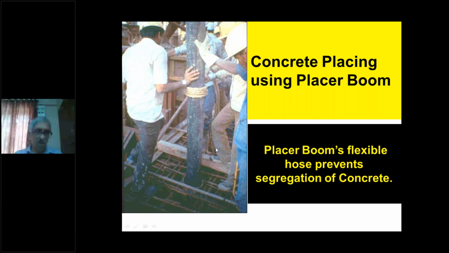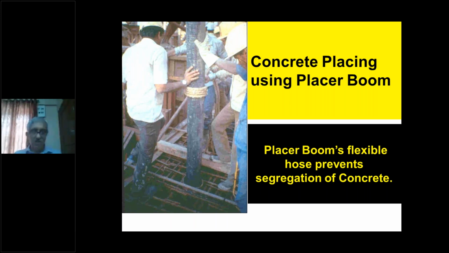And here you can see not a drop of concrete has fallen on the reinforcement or on the formwork. This is called clean concrete operation without segregation and correct use of mechanization.